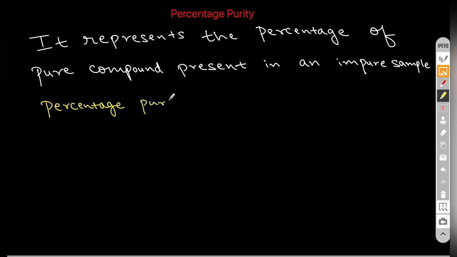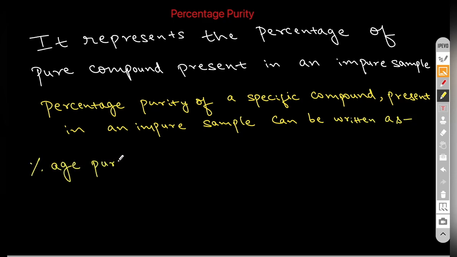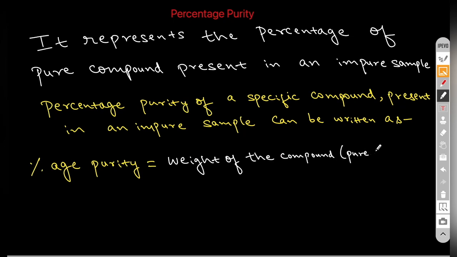We will write that percentage purity of a specific compound or a specific sample present in an impure sample can be written as, we will write the formula simply, that percentage purity will be equal to weight of the compound, which is the pure sample, divided by total weight of the compound, which is the impure sample.